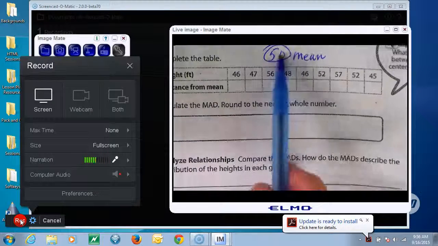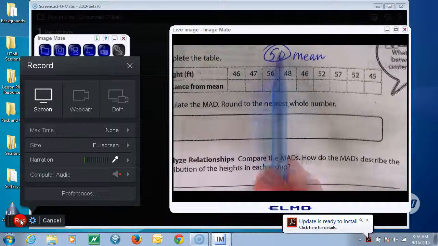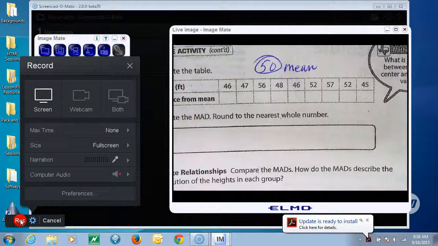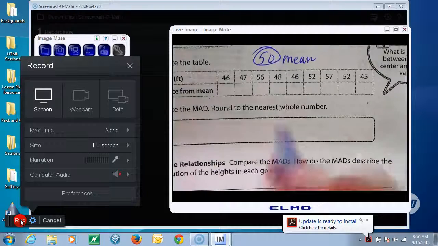And do we need a calculator to subtract these numbers? No. We're going to subtract 50 from each of those numbers.